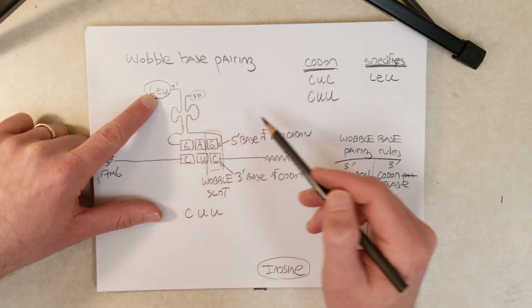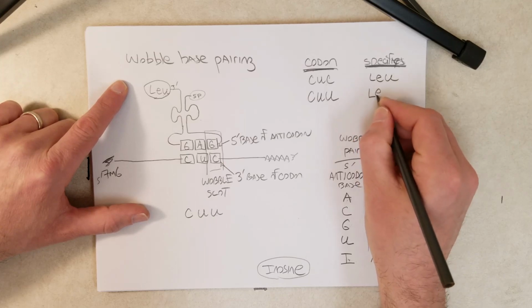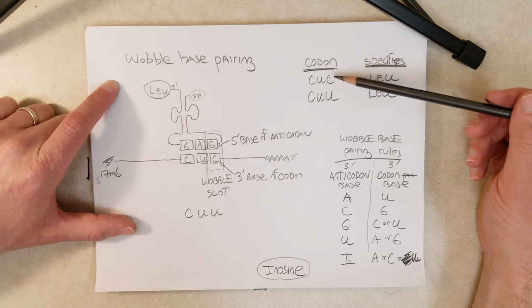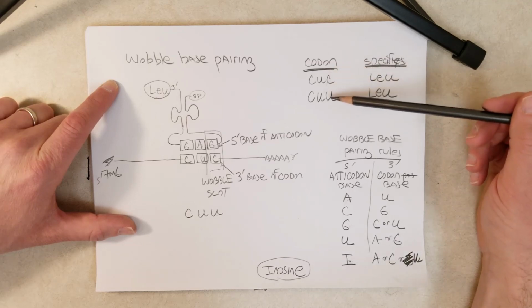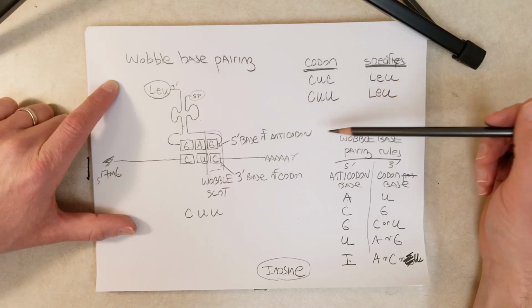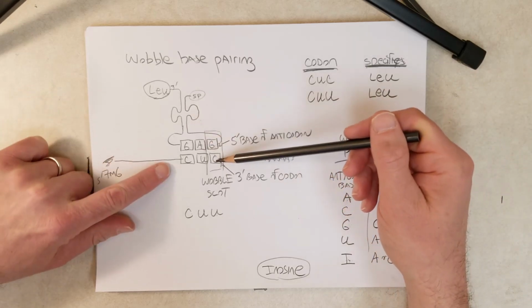Otherwise, this whole system wouldn't work, and we'd end up with proteins that have the wrong amino acids in them. But it does. If you look at the table of the genetic code, yep, indeed, CUC and CUU both specify leucine. So this is how Wobble base pairing can allow this single transfer RNA to recognize two different codons.